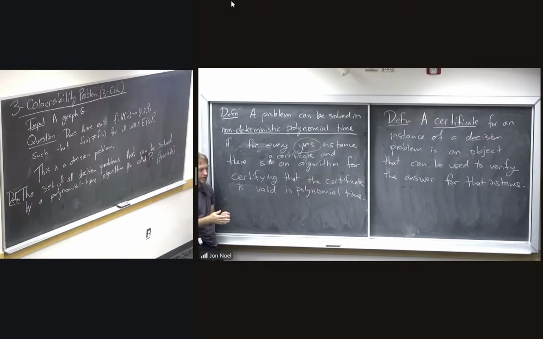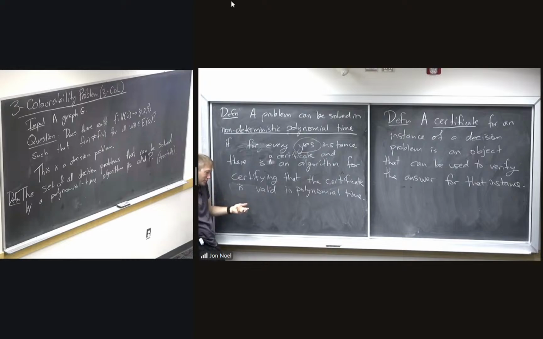The same thing is true for the shortest path problem. If I say, for two vertices in a digraph, is the shortest path of length at most 100, how would I certify that? Actually, it doesn't even need to be shortest, because you just give any path of length at most 100.